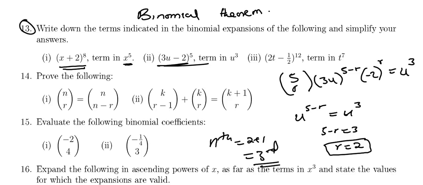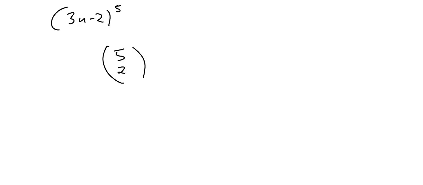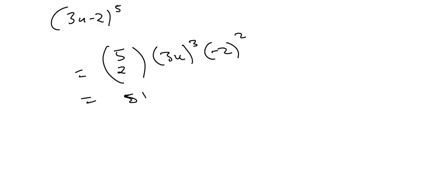Now we can actually get it. So this is going to be 3u minus 2 to the power 5. So we can say 5 choose 2. This is 2, then we're saying 3u to the power 3, negative 2 to the power 2. So 5 choose 2, we can just solve this using the formula. This is 3 factorial and 2 factorial.